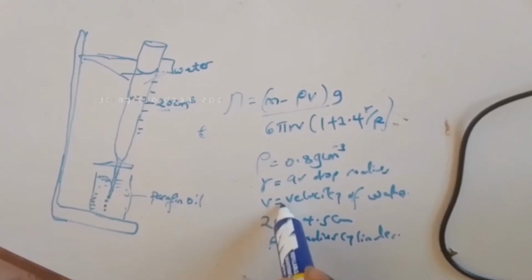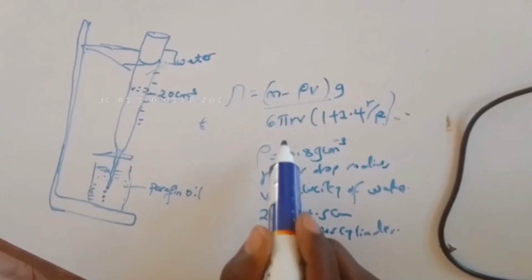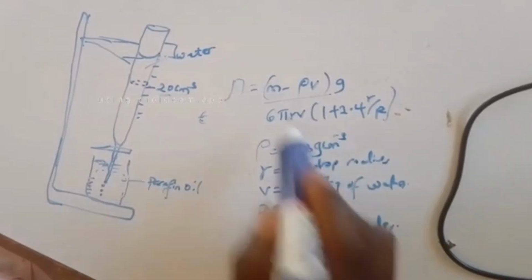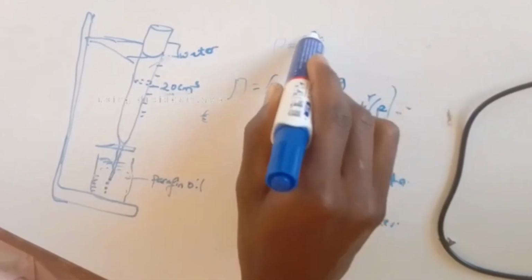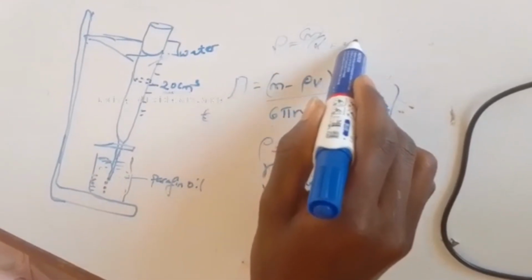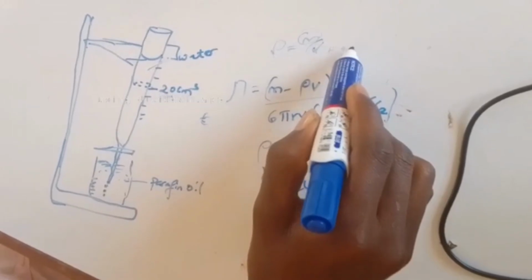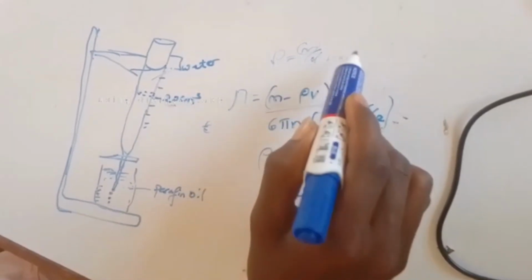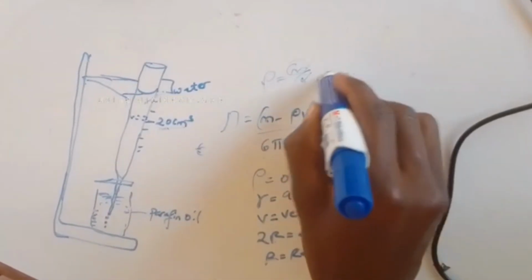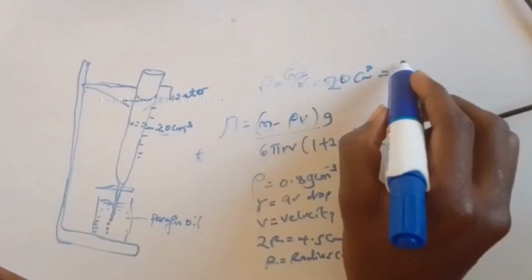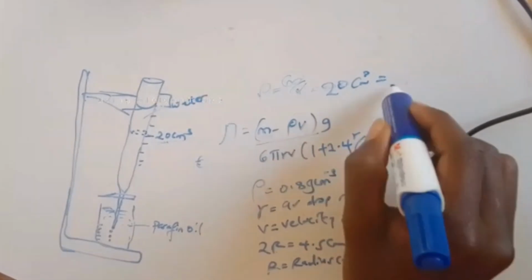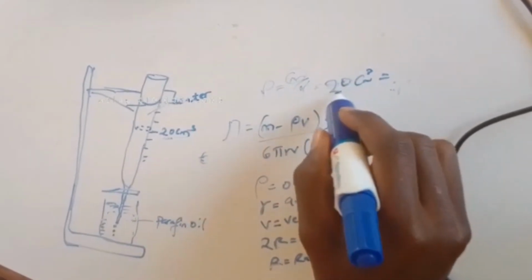Then velocity of water, you will calculate it from the volume. You know very well that if density is given as mass over volume, then mass is given as volume times density. You have the volume of water, which was 20 centimeters cube. So with this 20 centimeters cube, you will count the number of drops. For you to get the volume of one drop, you will say that 20 centimeters cube is equal to the number of drops that you counted, so one drop will have its volume.